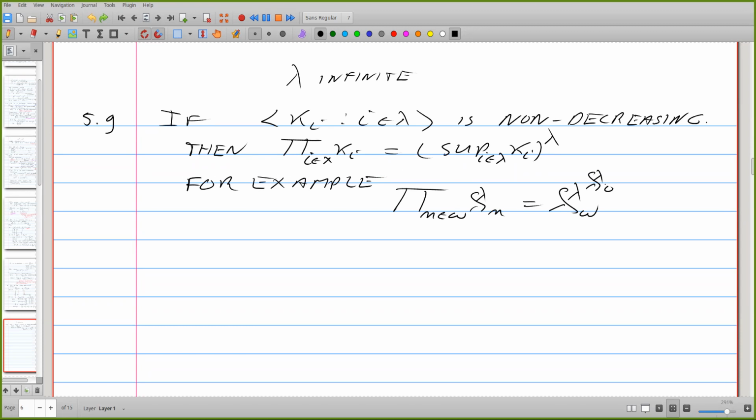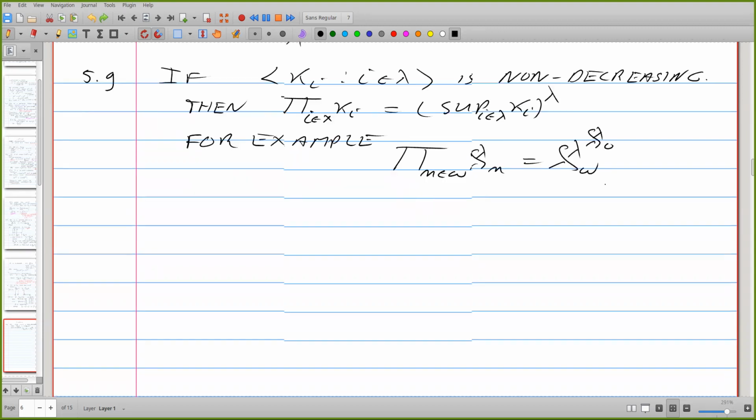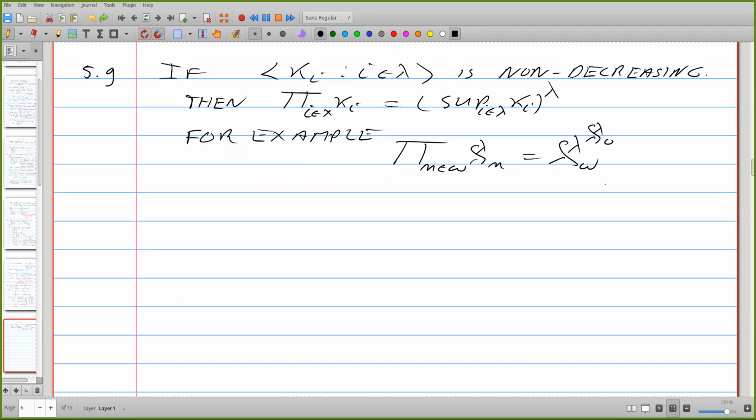If I take the product of all the aleph n's, n in omega, then I get simply the omega power of aleph omega. I don't get aleph omega, which you would think possibly is the supremum of the partial products. No, you don't have that type of continuity. You get the aleph 0 power of aleph omega.